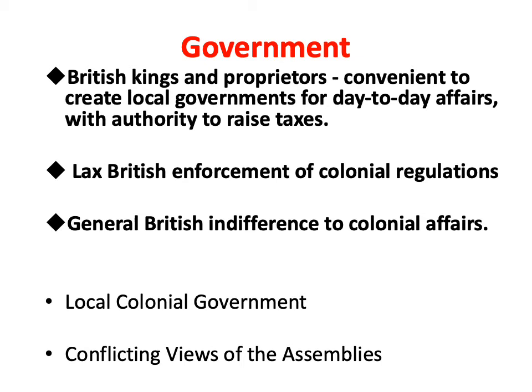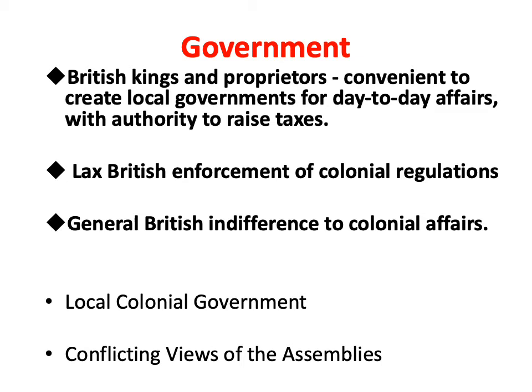But in London, they found it convenient to allow local governments to regulate the day-to-day affairs. It was simply too far from London to the colonies. It would take several months for a letter to go back and forth. And as we saw earlier on, since the colonies were set up by private people and not set up and financed by the British government, there were relatively few British officials in the colonies.